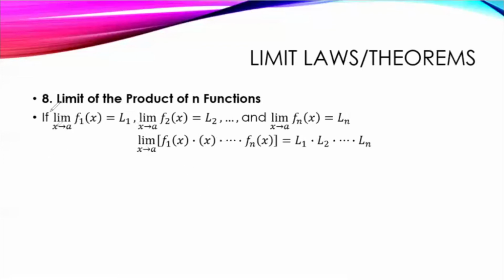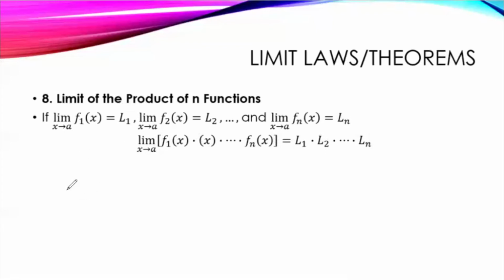So if the limit of the first function is L1, the limit of the second function is L2, up to the nth function with limit L sub n, we just simply multiply the limits. The limit of the product of f sub 1, f sub 2, up to f sub n of x is equal to L1 times L2 times up to L sub n, the limit of the last function.